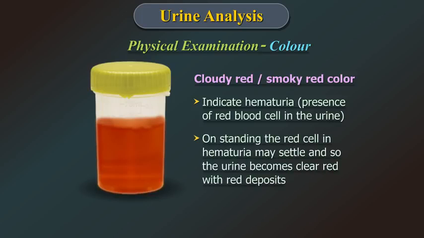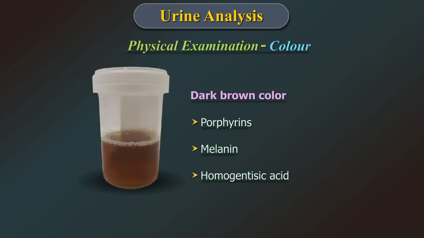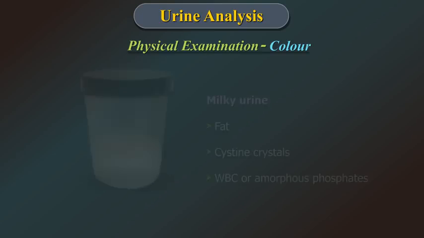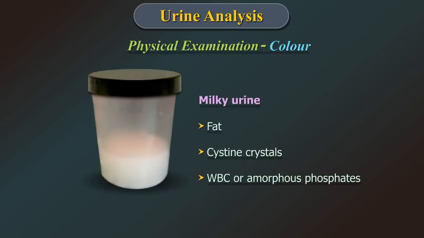On standing, the red cells in hematuria may settle down, and so the urine becomes clear with a red deposit. Dark brown color urine may contain porphyrins, melanin, homogentisic acid, which is associated with abnormal metabolism of tyrosine. Milky urine may contain fat, cystine crystals, and many white blood cells or amorphous phosphates.